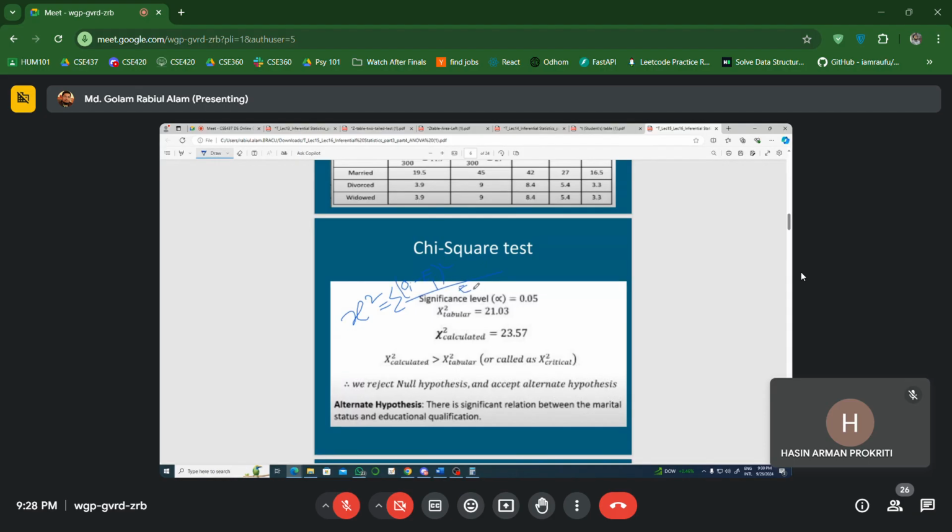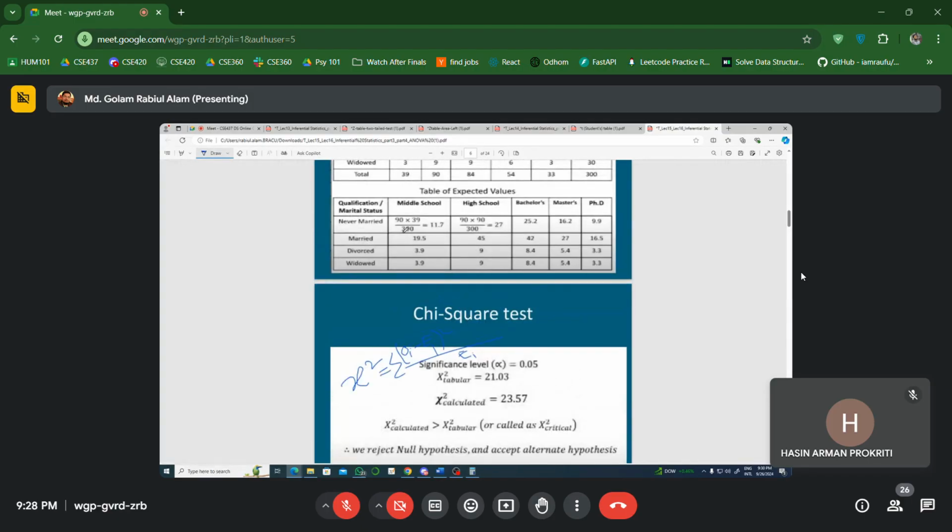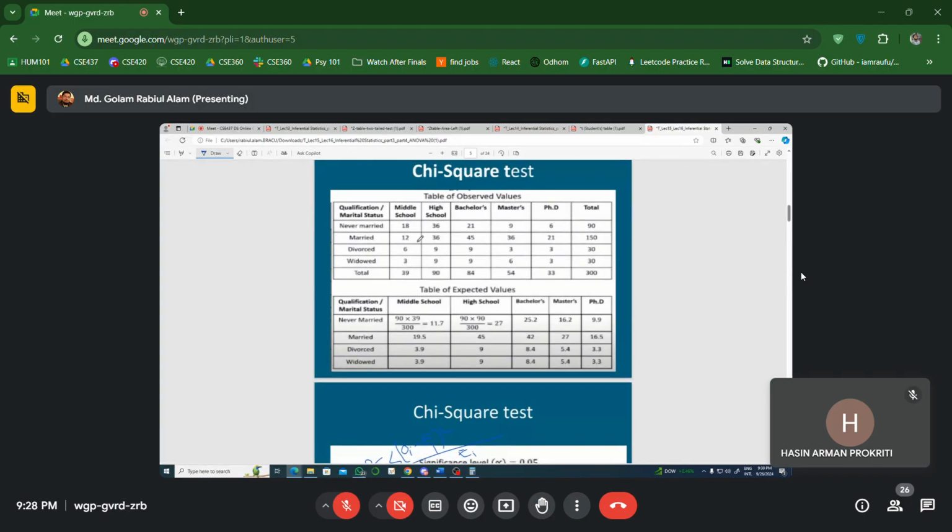So if we do the math, this is our observation and this is our expectation: 18 minus 11.7, squared, then divided by the expectation, 11.7.